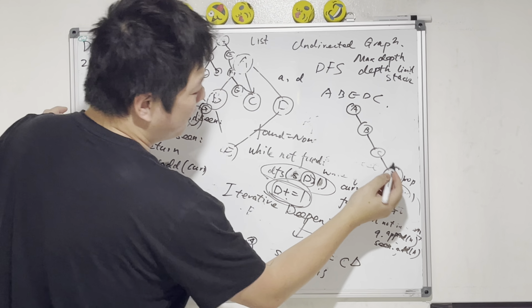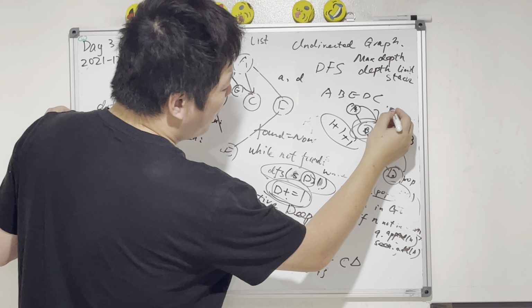So this B, how many times does it need to be visited? A, not visiting it. B, AB, visited 1 time. A, B, C, visited another time. A, B, C, D, visited another time. So you look, some nodes will be visited one more time, right? So look at this distance: 1, 2, 3, right? And then this distance is 1.